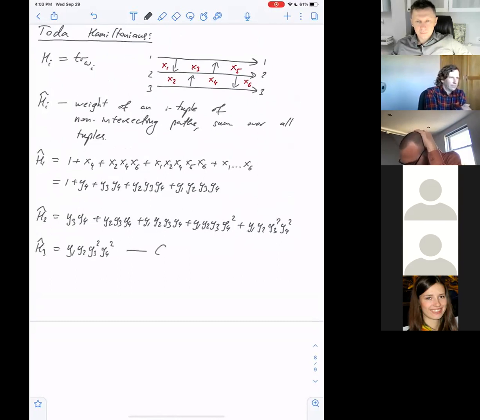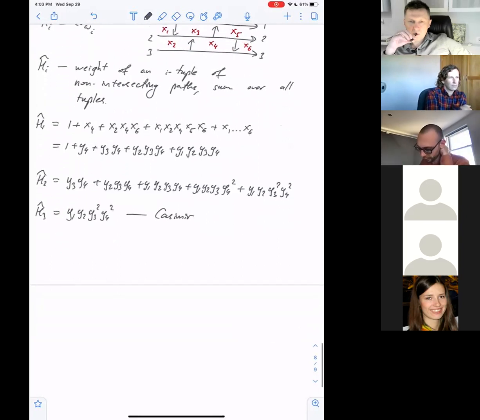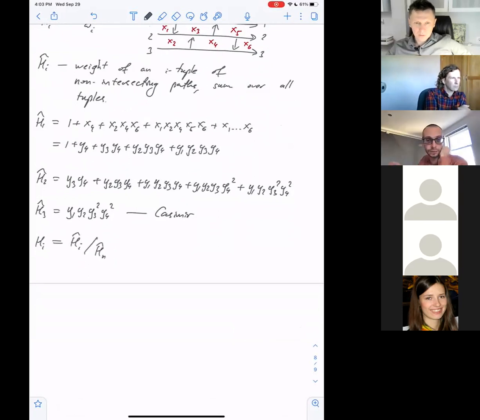And you can see that this guy is actually a Casimir, simply because the product of all these guys is a Casimir and the product of all these guys is a Casimir. So this is also a Casimir. And finally, I just define Hi to be Hi hat divided by H n hat, in this case n is equal to 3, to the power i over n. So this is kind of the SLN versus PGLN case, right? So I just divided by the nth root of the determinant.